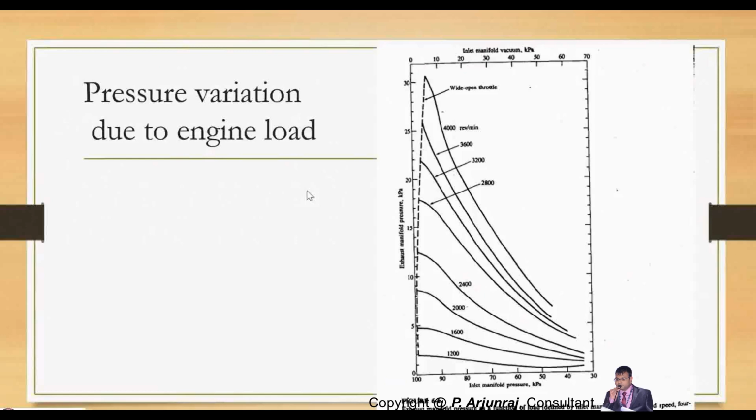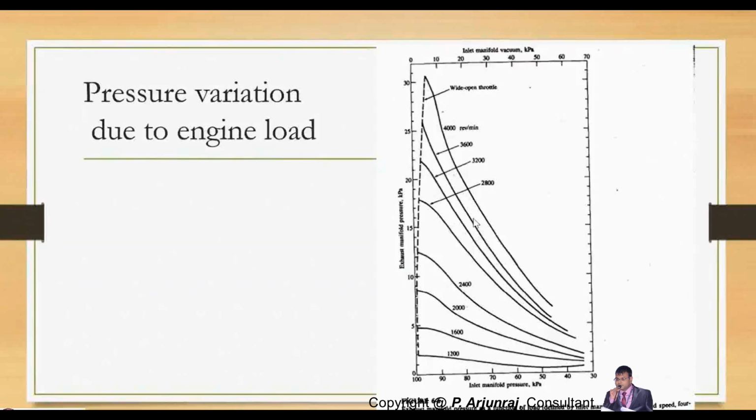You see here the graph showing the inlet pressure versus the exhaust manifold pressure. You see different RPM or different speeds, and different torques are also given. Here they mentioned the speed in RPM, 1200, 1600. When the speed increases, the exhaust manifold pressure gets increased.